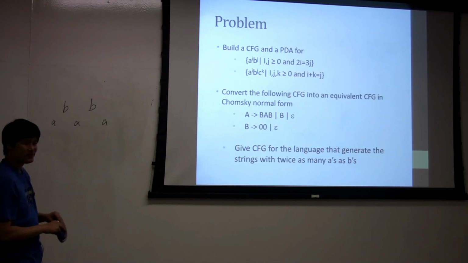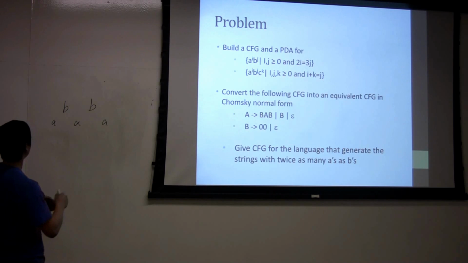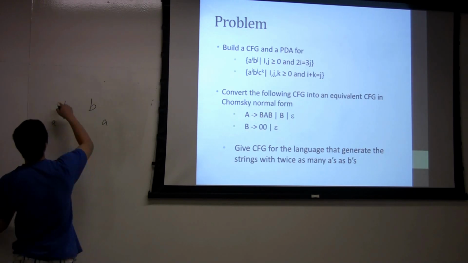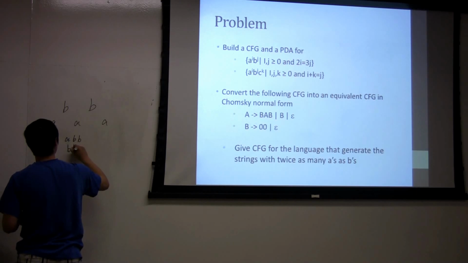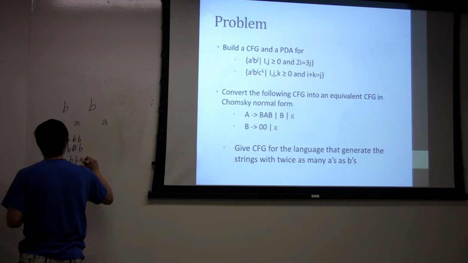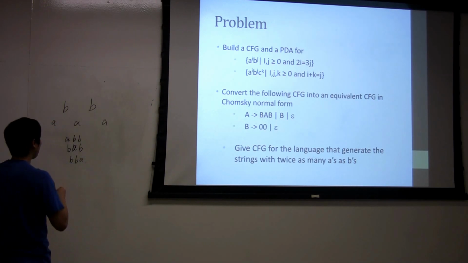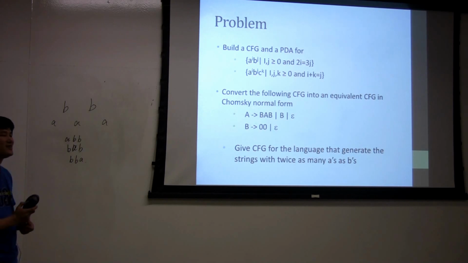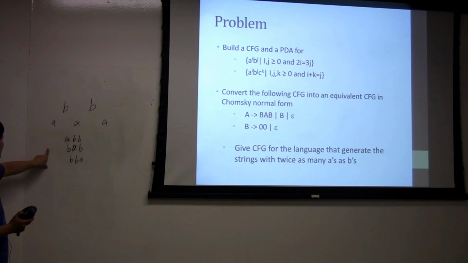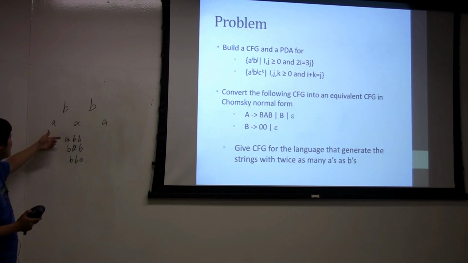But how do you... Should that be the other way around? For every 2 A's, you have a B? Either A is here, or either this way, or this way, or this way. Right. But how do you make sure the rest of the string is rendered enough? That's not the language, though, is it? It's not a language. But I would expect for each rule there, it should cover these cases.